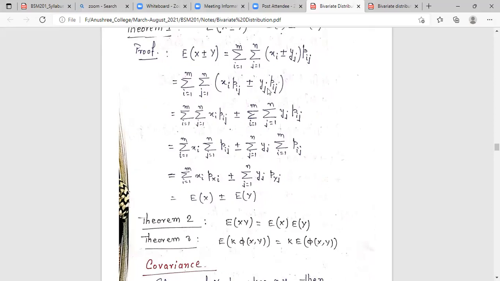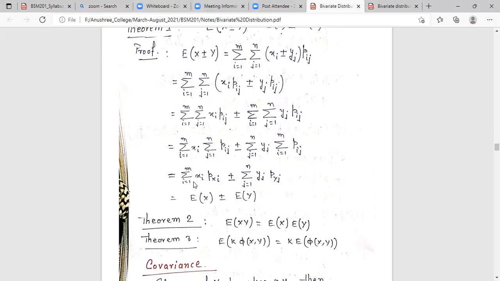If you take the expectation of X plus minus Y, then according to the definition, since it contains two variables, the double summation will go, i varying from 1 to n, j varying from 1 to n, of (xi plus minus yj) Pij. Now simplifying it, xi Pij plus minus yj Pij, summation over i of xi, summation over j of Pij, and summation over j of yj, summation over i of Pij.